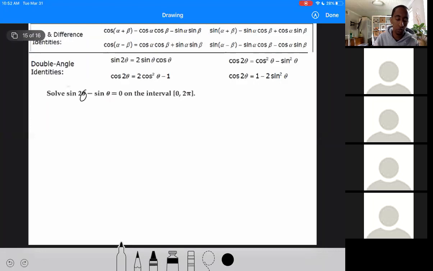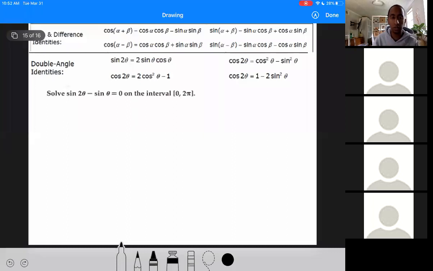For example, could you plug in pi over 4, and then sine of 2 times pi over 4 minus sine of pi over 4 would equal 0? Or pi over 3? What angles could you plug in there that would make the statement equal 0? But the angle has to be from 0 to 2 pi.